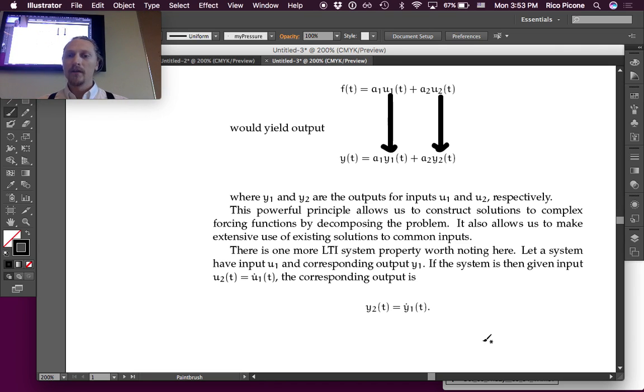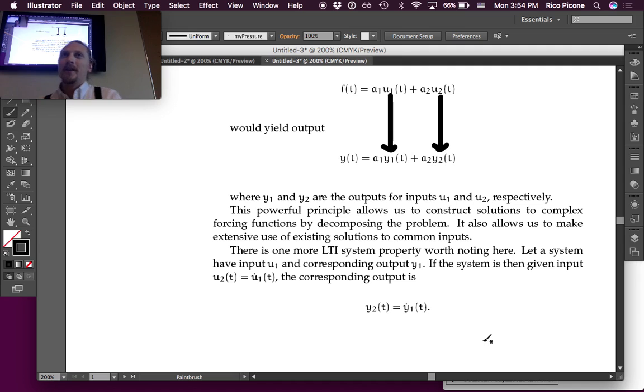There's one more linear time-invariant system property worth noting here. Let a system have input u1 and corresponding output y1. If the system is then given input u2, which is the time derivative of the first input, u1, the corresponding output is just the time derivative of the output, y1.